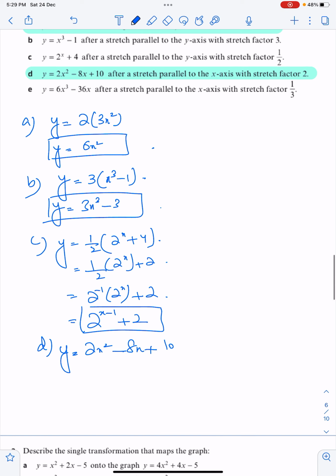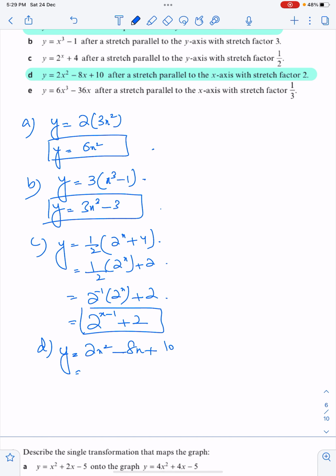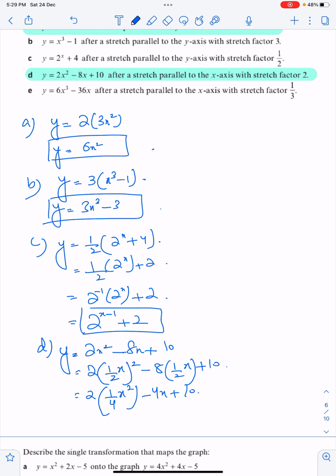Since the stretch factor is 2, you have to plug in 1 upon 2 times x in place of every x. When you simplify, you get 1 upon 4 x square minus 4x plus 10. So half x square minus 4x plus 10.